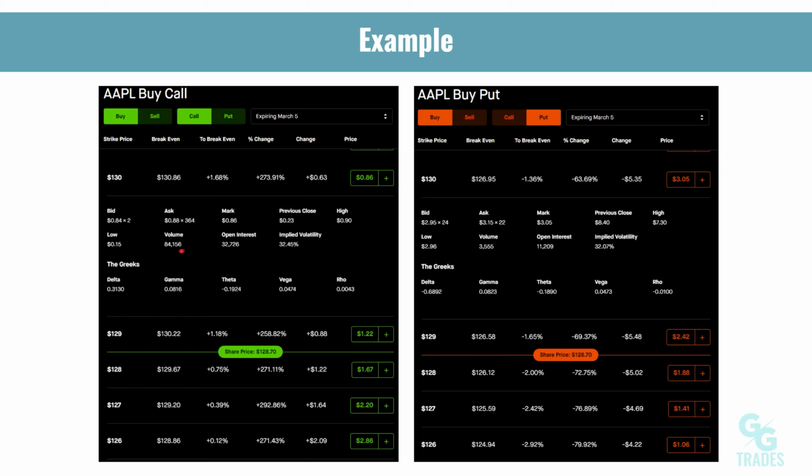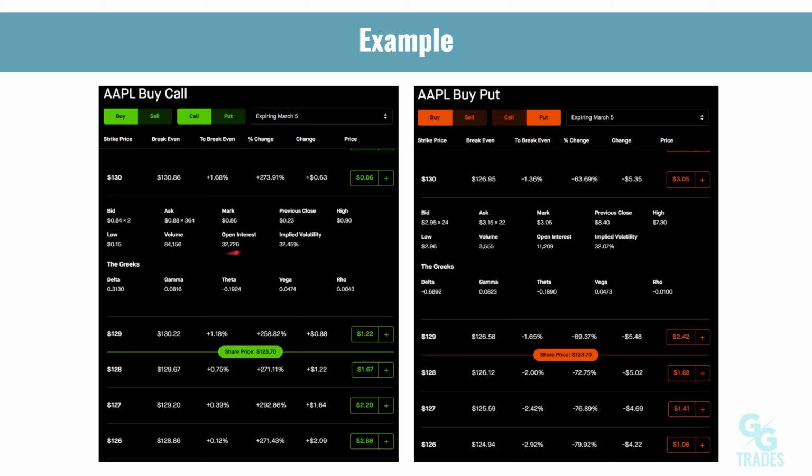When it comes to volume, this is the number of contracts traded on the current day. So just know that volume represents the current day's trading quantity, and open interest refers to the number of contracts that were left open from the previous day.